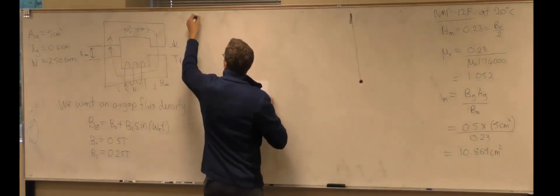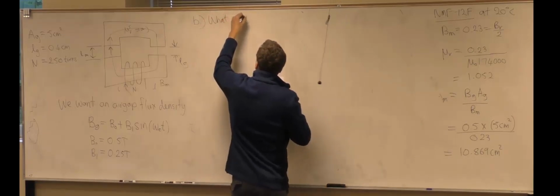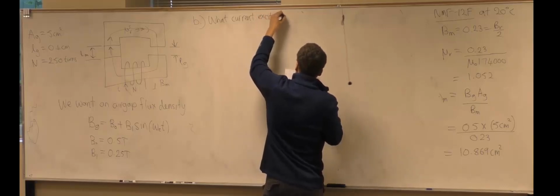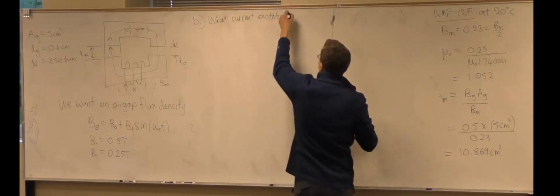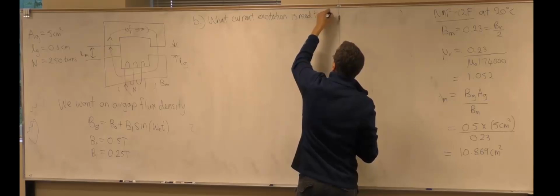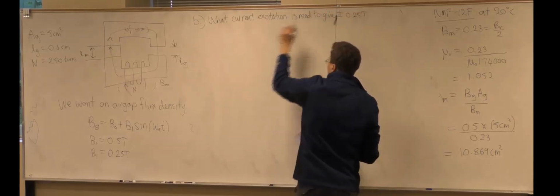So now, what current excitation is needed to give the plus or minus 0.25 Tesla max.